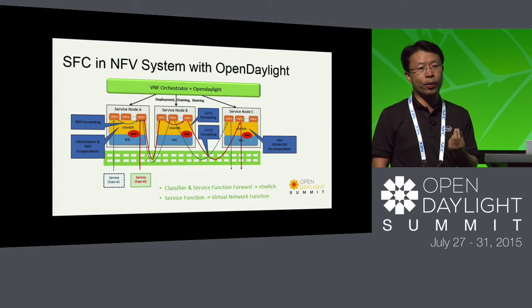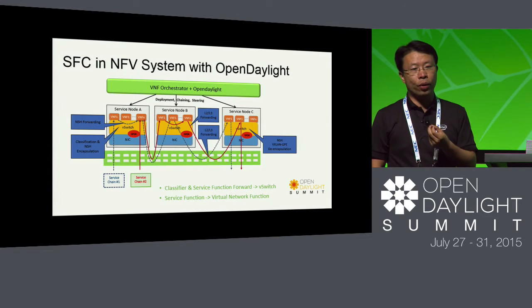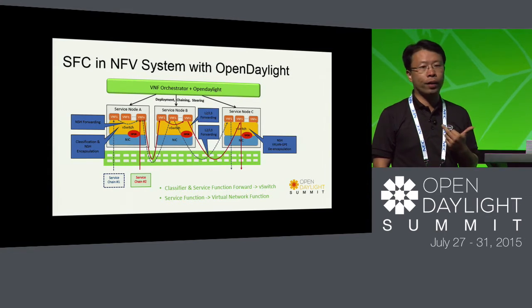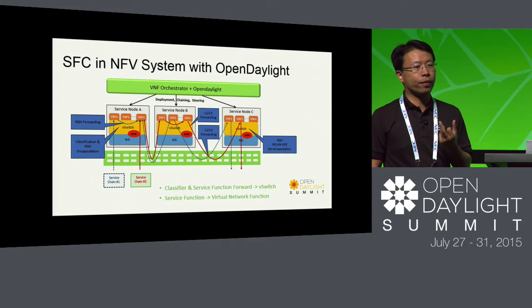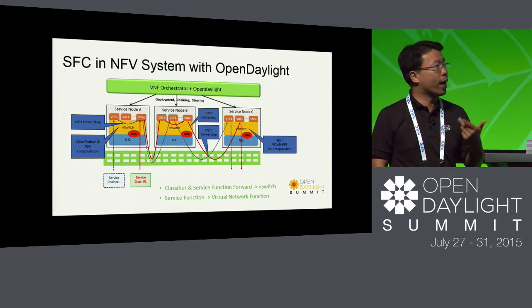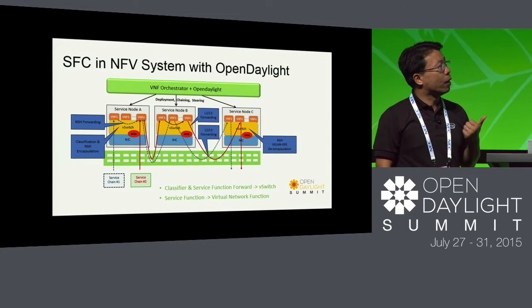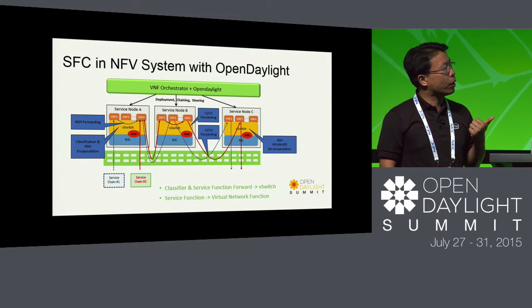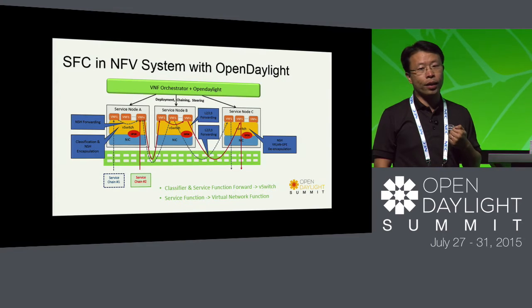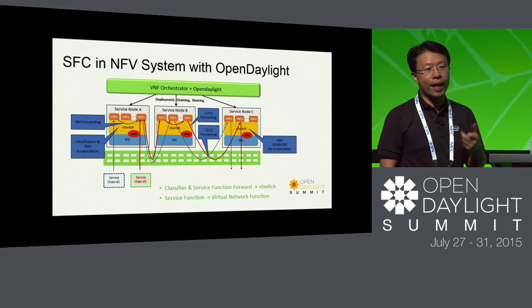For example, how much CPU, memory, and storage does this VNF need in order to achieve the required bandwidth. The VNF orchestrator has another functionality, which is to deploy the VNFs in your service network.